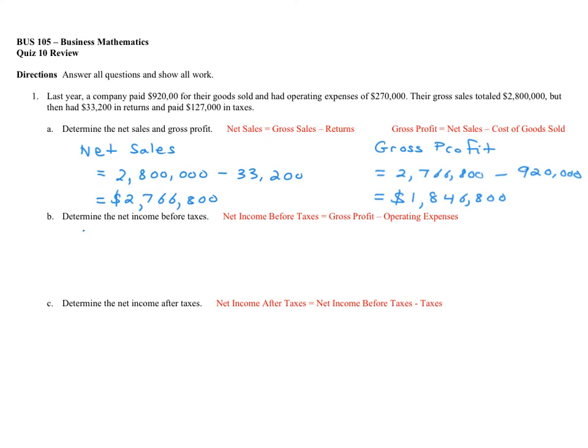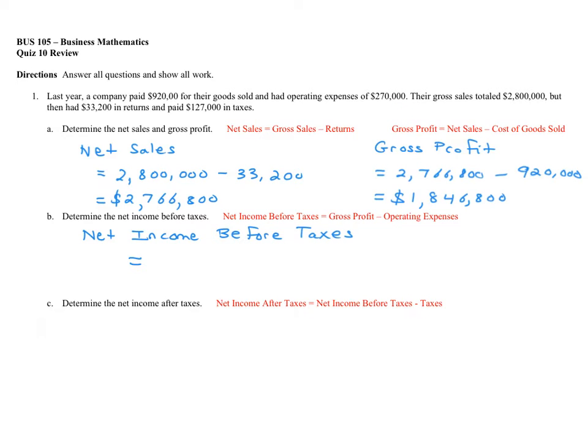Now to determine the net income before taxes, we're going to take away everything else from this gross profit except taxes. In this case, just the operating expenses are the only thing that we have not included.